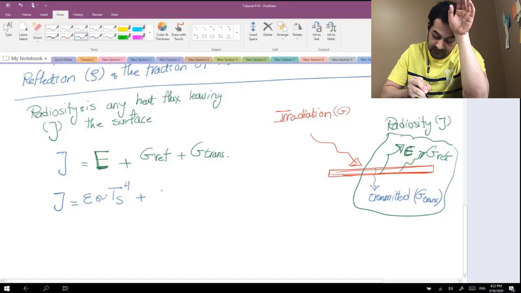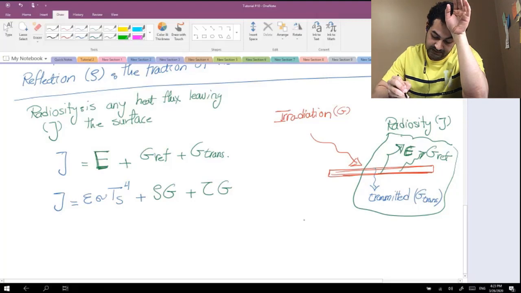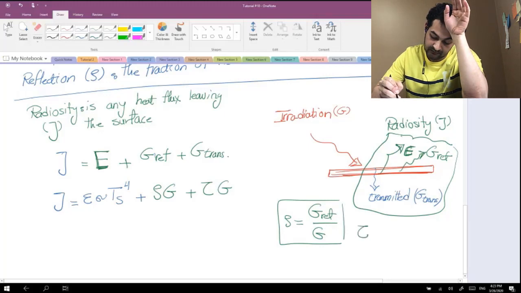So we can substitute it by rho multiplied by G, and the transmittance is going to be tau multiplied by G, because as I told you before, rho is G reflected over the total G, and tau is G transmitted over the total G.